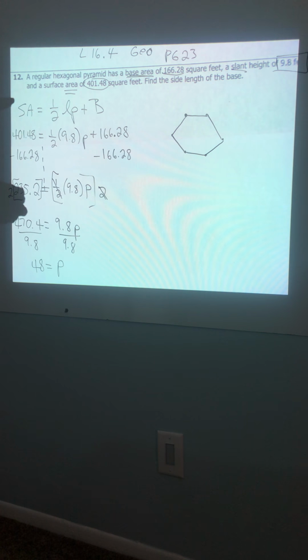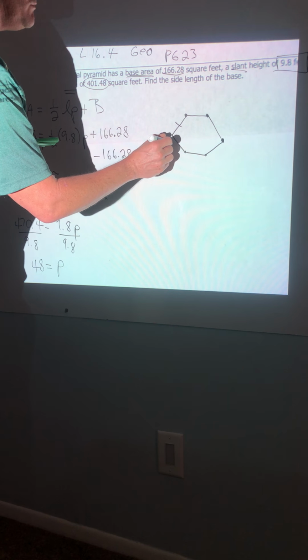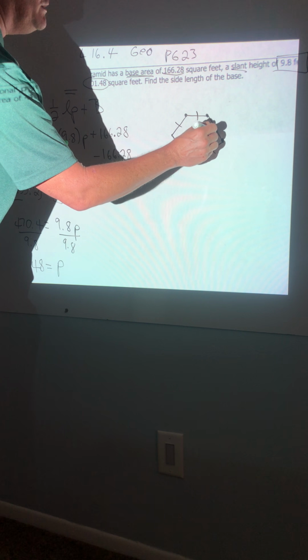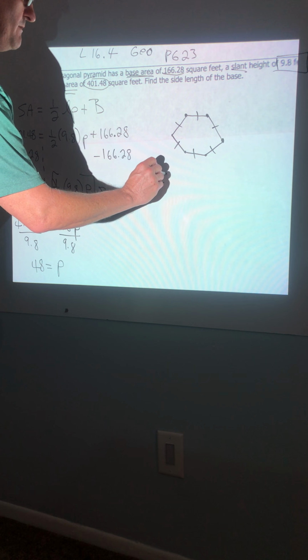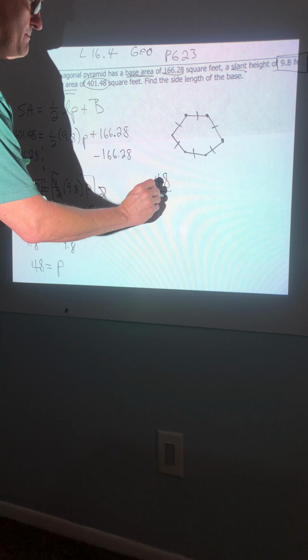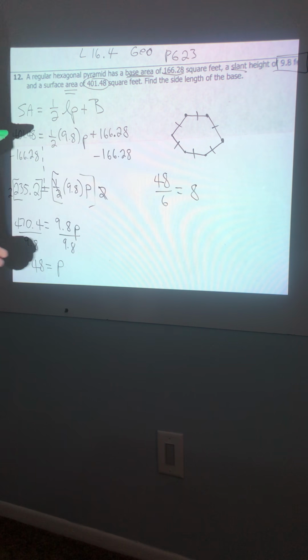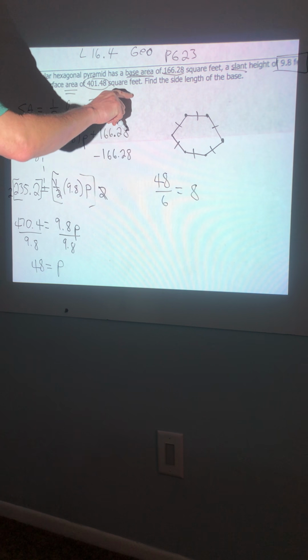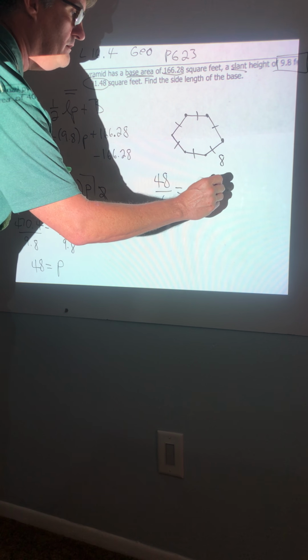Now that isn't regular, but that's okay, because this is academics. If you mark them all like that, I'm telling you that's regular. Imagine that is a regular hexagon. All sides are congruent. So if I want one of them, I take 48 and divide by 6. 48 divided by 6 is 8. It was in terms of feet, so one of the sides is 8 feet.